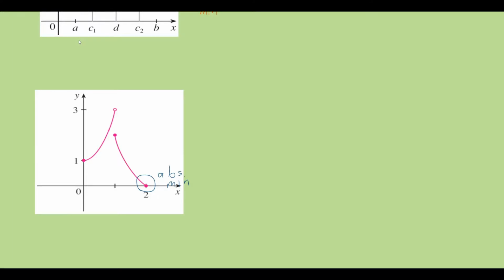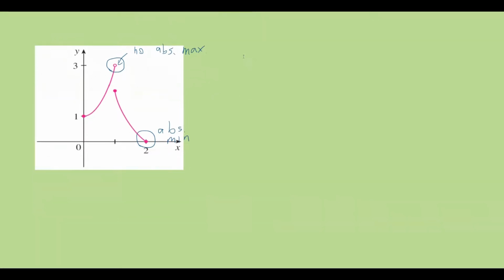Maybe you will say it's this point right here, but notice that it's an open circle. That means the value does not exist, so we don't have any absolute max. This is an example where we do have an absolute min, but not an absolute max. And here is another one.